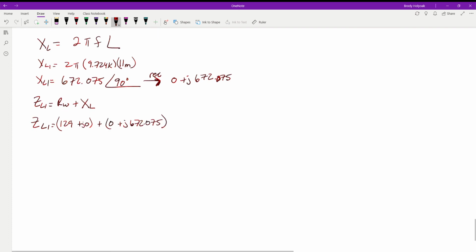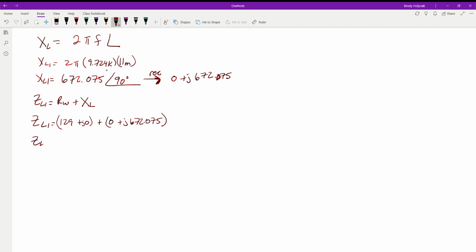We add like terms together, and the total impedance for inductor 1 becomes 129 plus J 672.075. We're going to be using it to solve current later, so we're going to need this value in polar.